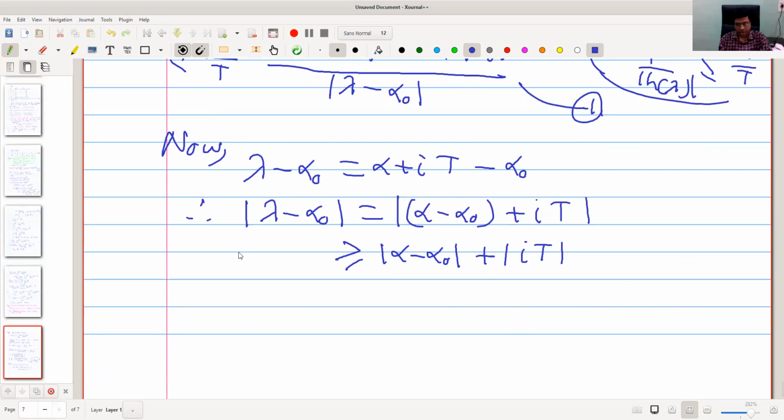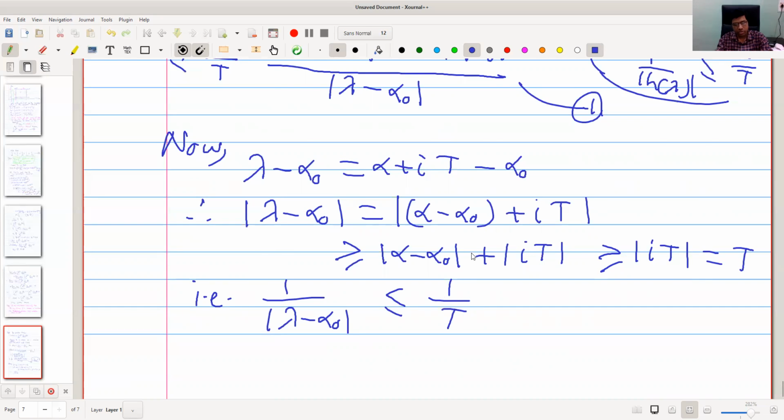So I can write this is greater than or equal to simply mod of it, and this is nothing but t. So mod of lambda minus alpha 0 is greater than or equal to t, or 1 upon mod of lambda minus alpha 0 is less than or equal to 1 upon t.